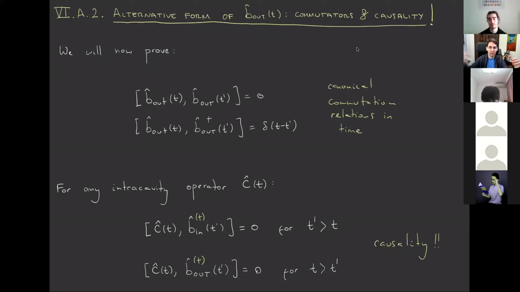Of course, the input field acts on the cavity, and therefore the cavity cannot depend on the input field in the future. Okay, so that's what this is saying. And for the output it is the same. The output field comes from something in the cavity, and therefore it can only depend on things in the past of the cavity, not things in the future.